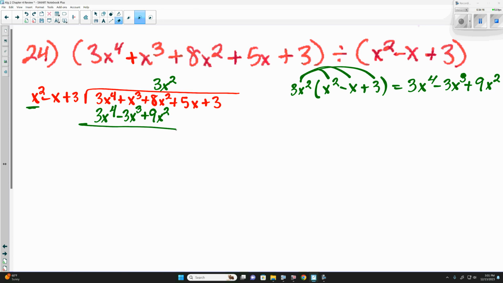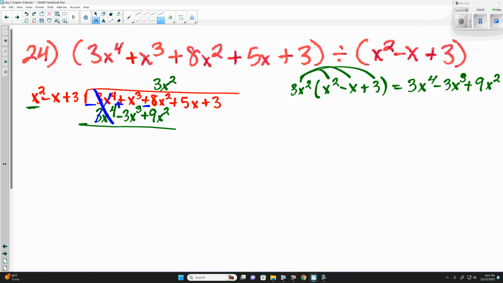Questions on this here? Now at this point here, we will subtract. 3x to the 4th minus 3x to the 4th is 0. x cubed minus negative 3x cubed.